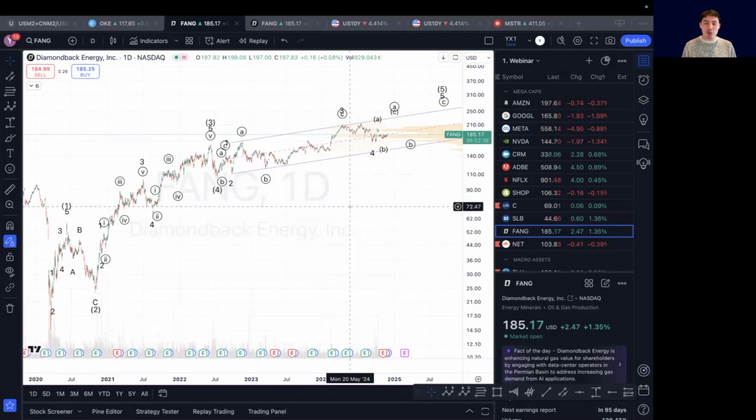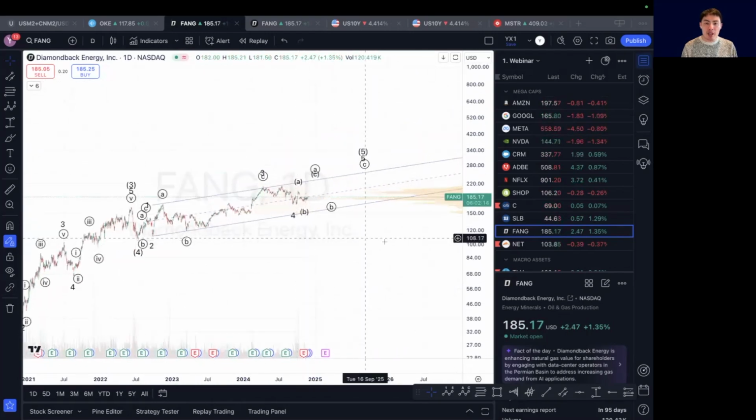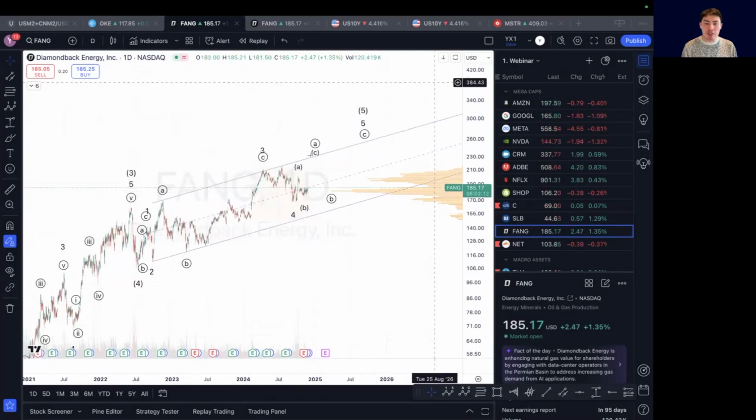It's a very similar chart to SLB, but I would say even more bullish because I think it's already having wave 5 underway. So we had wave 1, 2 in post-COVID, and wave 3 finished in 2022, just before the bear market. And I think now we are entering the wave 5.